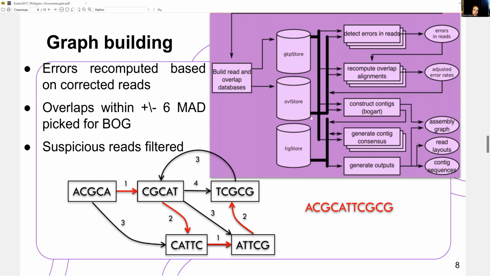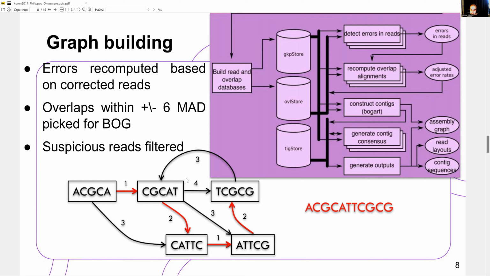So we have our good reads and good overlaps, so we can try to build contigs with the best overlap graph, which has the reads as the nodes and the length of overlaps as edges.